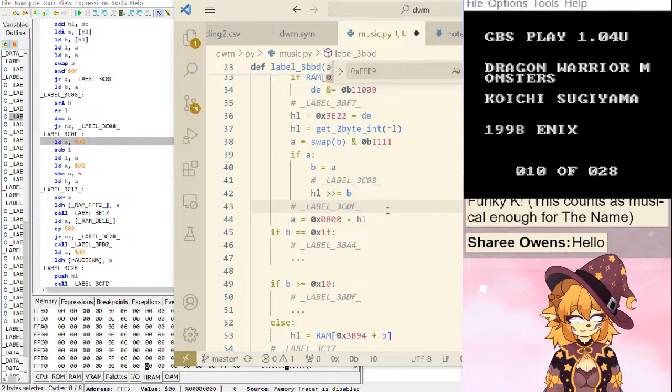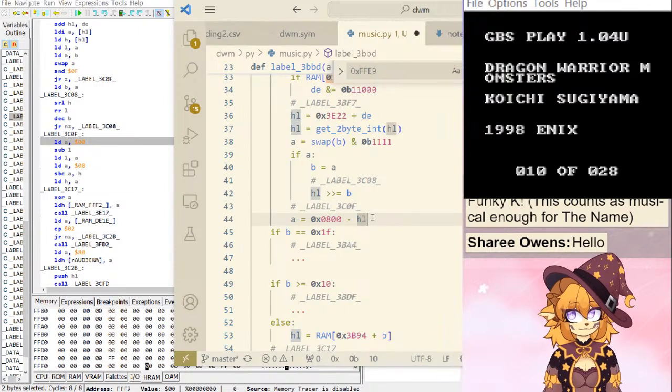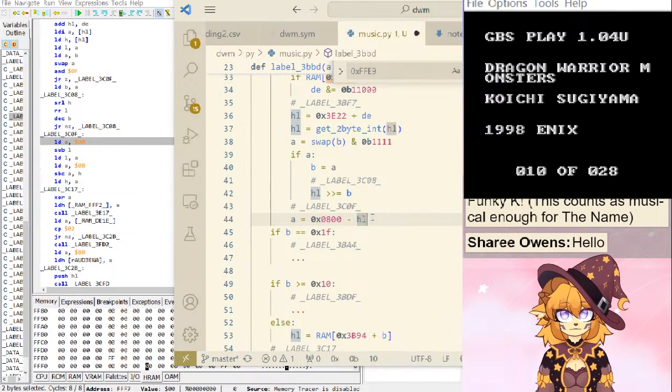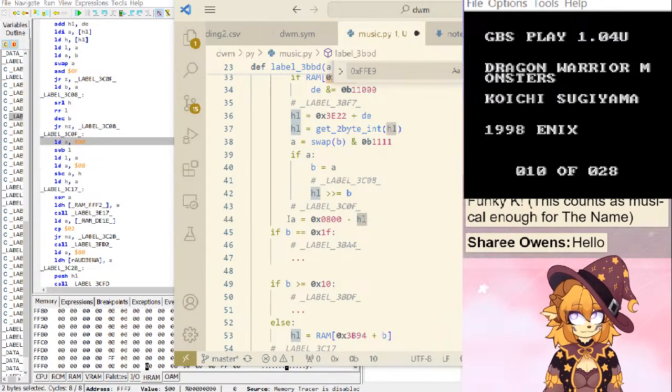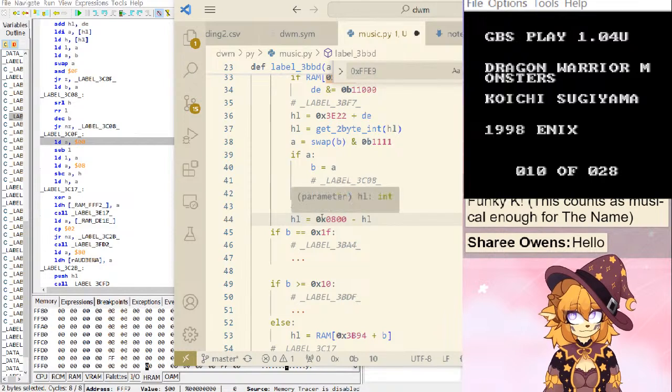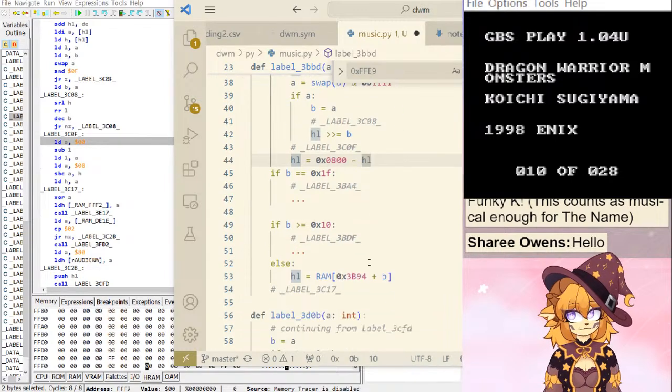We're subtracting it from here. Is that how that works? I believe so. And it's being reassigned to HL, of course. That's back down here.